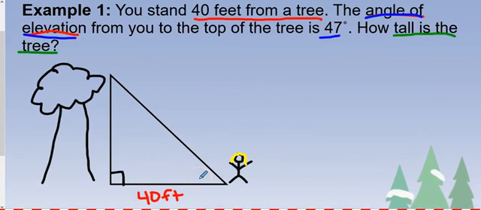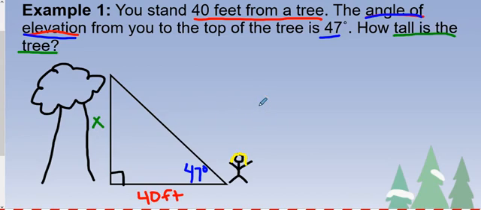Again, no matter if it says angle of elevation or depression, we're sticking it at the same spot every single time, and that is the angle at the bottom right-hand corner there, okay? And then, how tall is the tree? So our X value is how tall the tree is, which is over on this side.